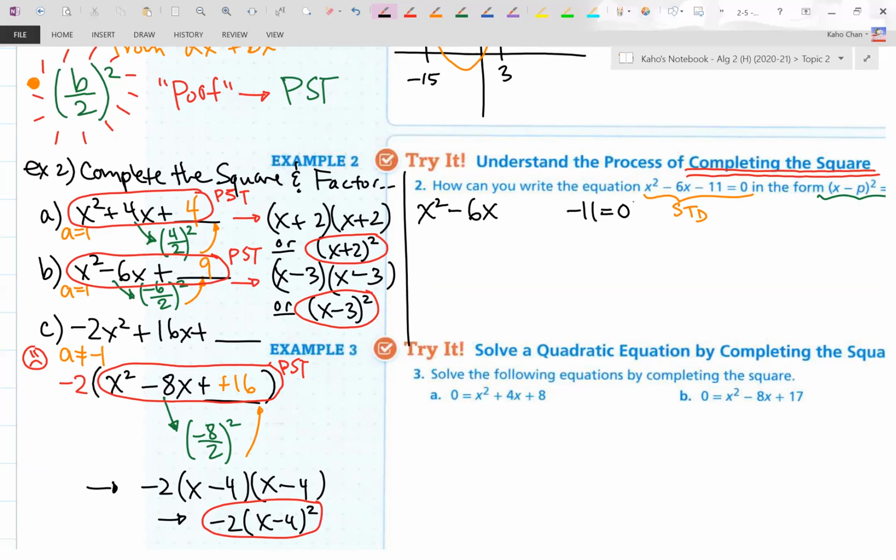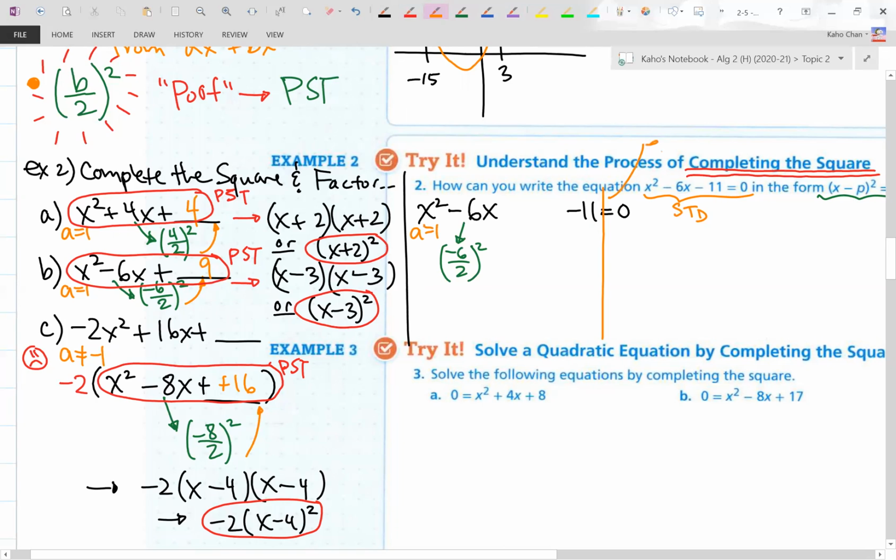All right. Is A 1? Yes. Take half of B and square it. Now this is an equation, so things operate a little bit differently.